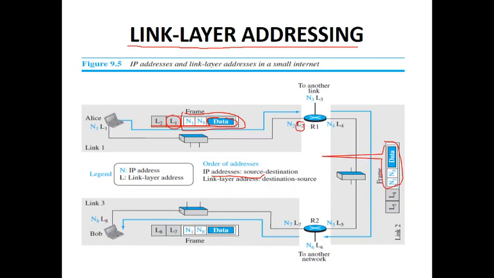N1 is the network address or IP address of Alice, and N8 is the network address of Bob, the receiver, which is added by the network layer of the sender. That is why that much is not changed. But if I see the link layer address, it is changed.